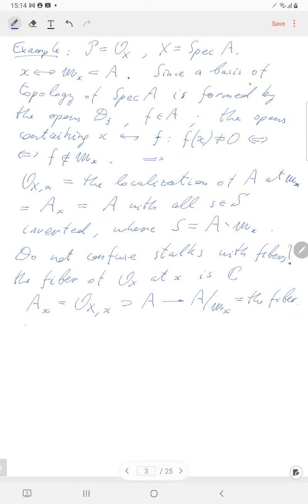But maybe one other example. Excuse me, is this stalk really a colimit, consistent with the definition that was given? A stalk certainly is a colimit, yes. But why is this localization really a colimit? Well, I will answer almost no questions today, because if I try to go into all the detail about sheaves, it will take us all the rest of the class till New Year, and I don't want to do this.